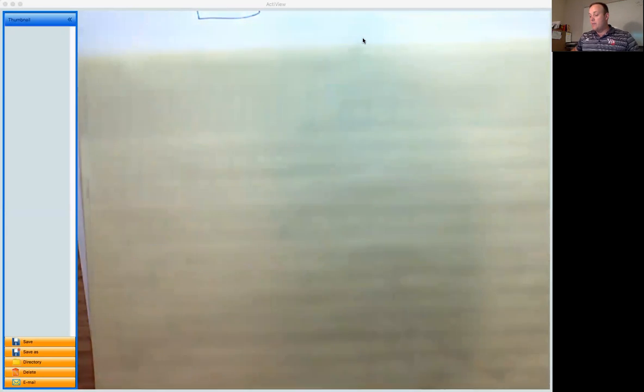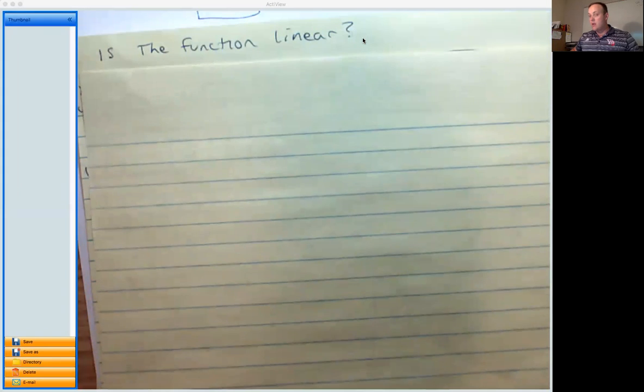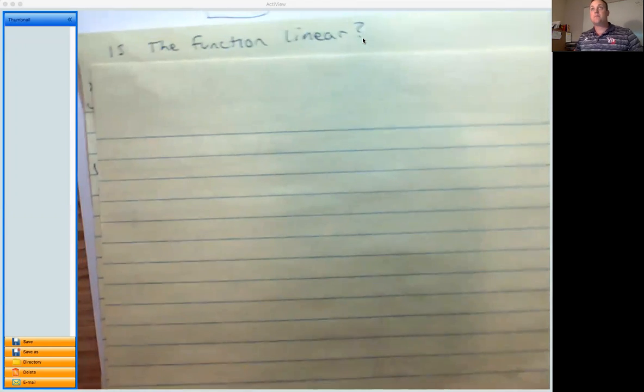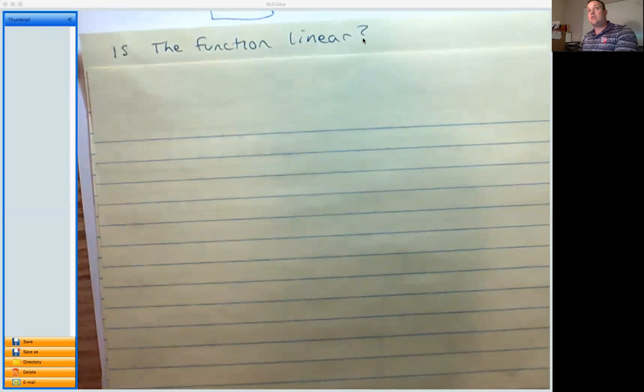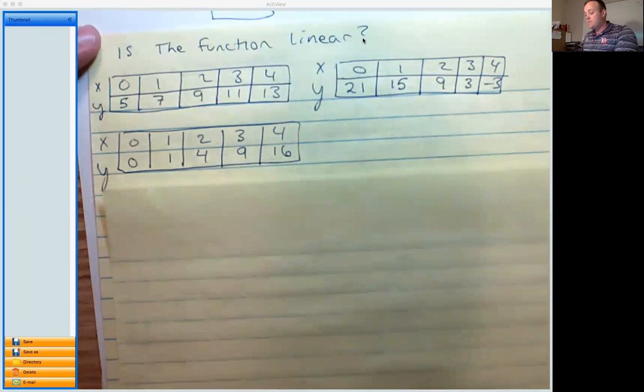All right, so now the big question of all these is: is the function linear? We have to be able to tell if functions are linear from tables.